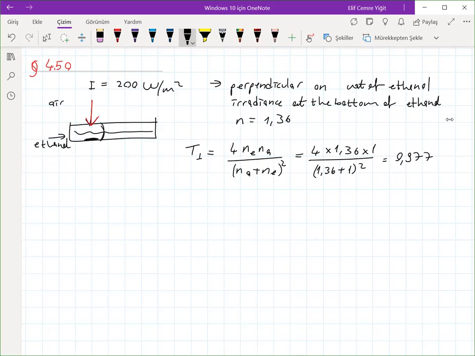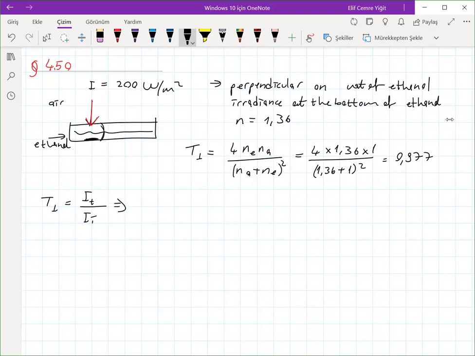Now I found the transmittance. I know that transmittance is equal to I transmitted over I incident, because some of the light will be lost, so I will use this ratio. Transmittance is a ratio.